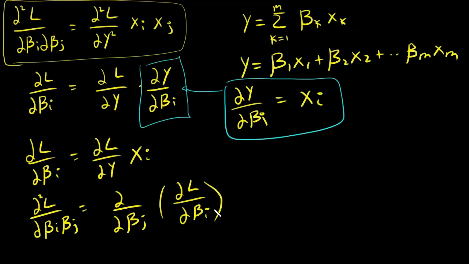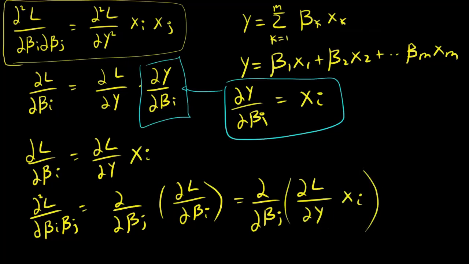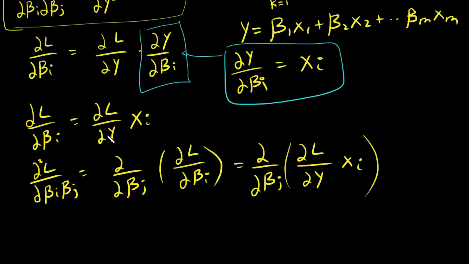And the first derivative, I just showed what that is. So now all I did is I plugged this in, right there. So now I can write this a little differently.